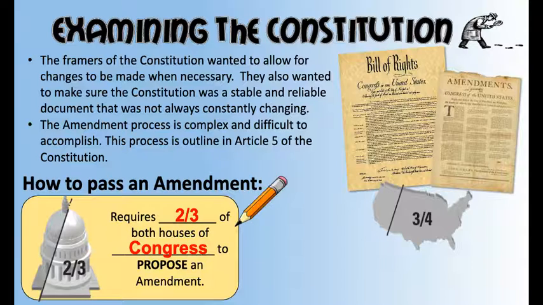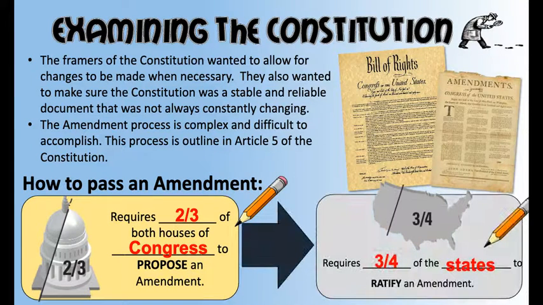That means that 66% of our legislative branch have to agree just to bring that change up. In order for that change to actually take place, it requires 3/4 of the states to approve it. That is 75% of our states that have to approve or ratify the amendment.